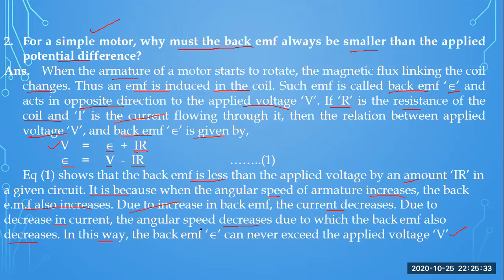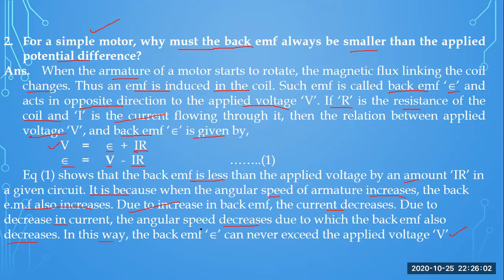It is because when the angular speed of the armature increases, the back EMF also increases. Due to the increase in back EMF, the current decreases. Due to the decrease in current, the angular speed decreases, due to which the back EMF also decreases. In this way, the back EMF can never exceed the applied voltage.